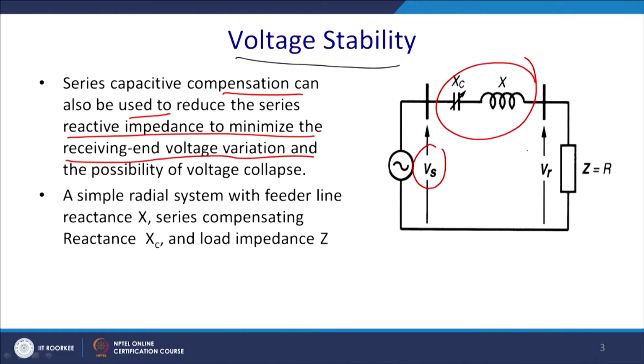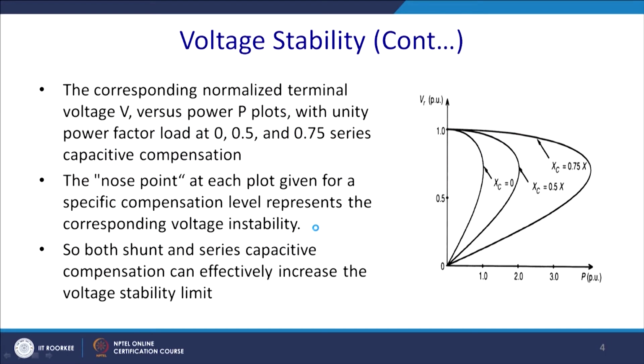That is the basic principle, and thus it prevents the possibility of voltage collapse. A simple radial system with feeder line reactance X, series compensating reactance X and the load impedance ZR is being considered. So, see what happens with the different values of X.